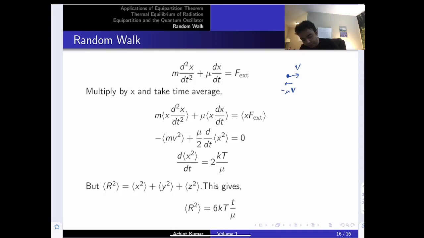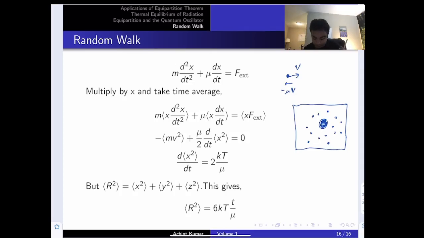The problem I have in mind is the standard Brownian motion problem, in which there's a big pollen grain present in water, and this pollen grain is bombarded by water molecules on all sides. So the force produced by the water molecules on the pollen grain is F external. The drag force is mu times v, and then I use F equals ma to get this expression.